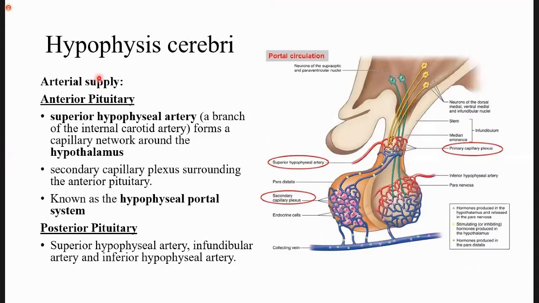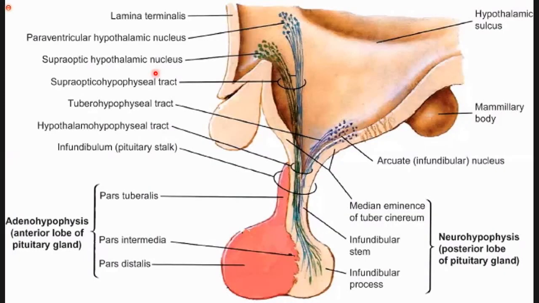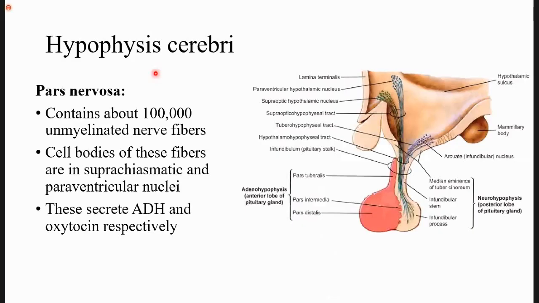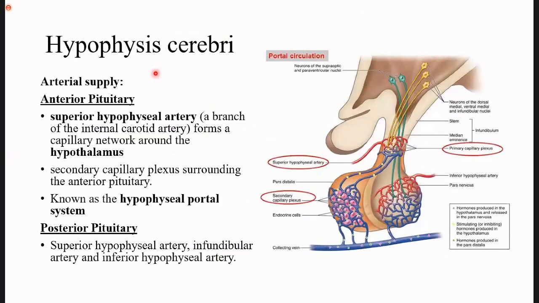So this was all about the adenohypophysis, its morphology, the main types of the cells, its location, its relations. We'll be discussing the activity shortly.